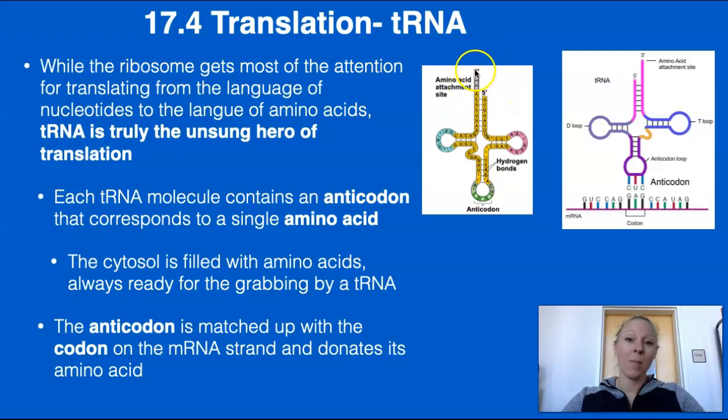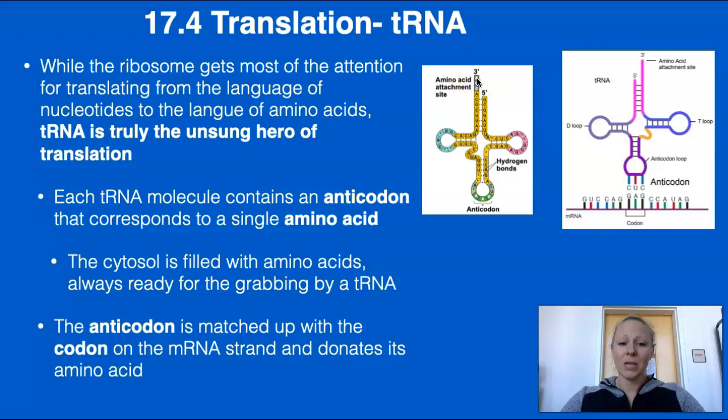Sometimes it's going to grab onto amino acids and then transport them, T for transport, to a growing polypeptide chain, or deliver them to a ribosome. And then it's going to go back and grab another amino acid and deliver it to the ribosome. So this end is the anticodon, and this end over here is going to be the amino acid attachment.